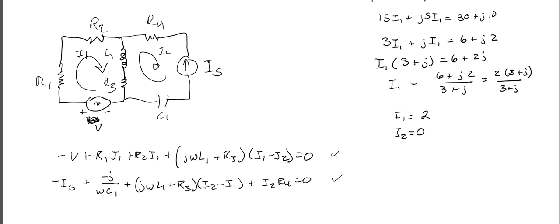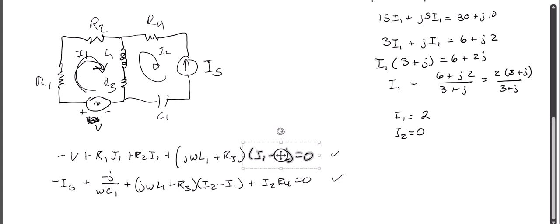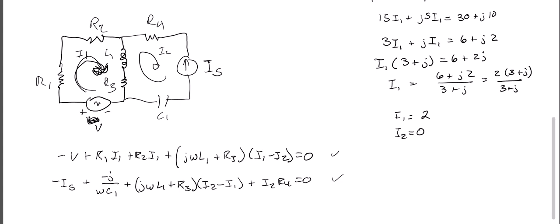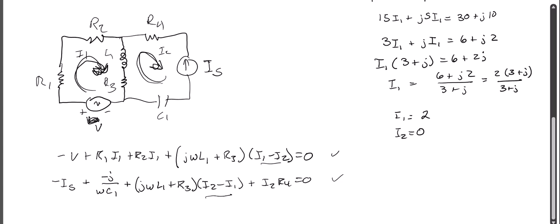So for this first mesh, the current going down the middle branch is I1 minus I2. And then for the second one, as I'm going around in this direction, it's I2 minus I1. And that's how you do mesh currents.